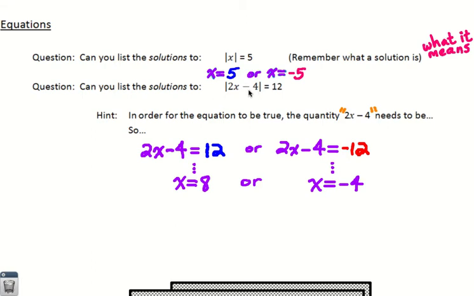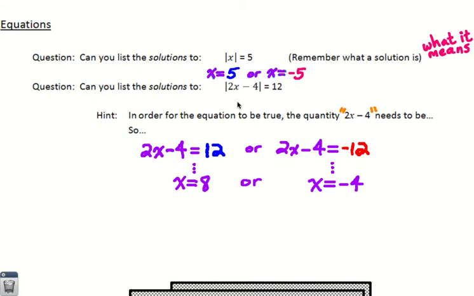Once you have your absolute value part isolated, you can split it into two separate normal equations. In this case, one of the equations was set equal to +12, and the other was set equal to -12.